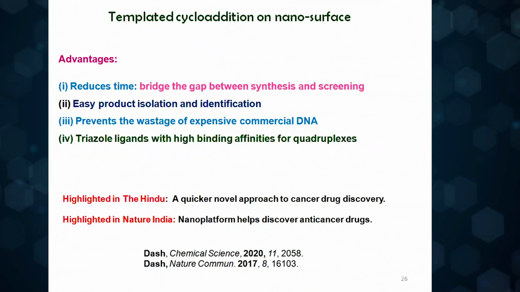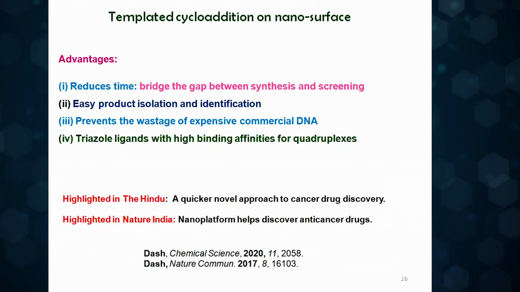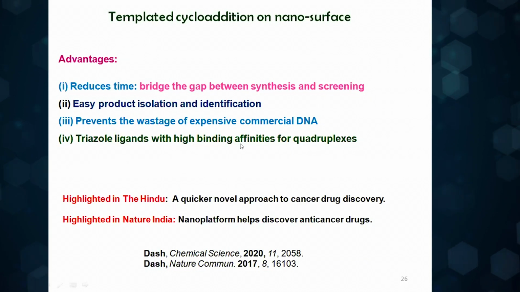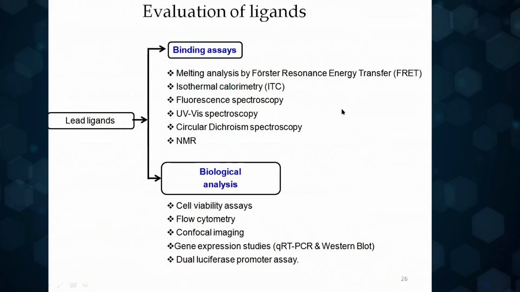Moreover, the resulting triazole ligands show high binding affinities for the DNA quadruplexes and I-motifs, and further show promising anti-cancer activities. So now, in the next few slides, I would like to show the binding affinities of these ligands for quadruplexes and their biological activities.